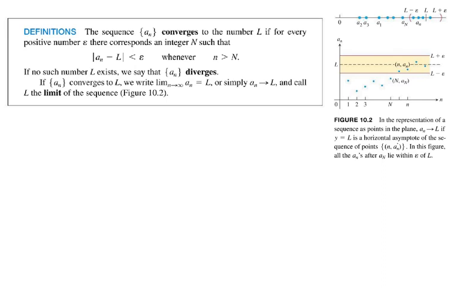So reading through this definition, we say that the sequence of terms a sub n converges to a number L, like a limit, for every positive epsilon.